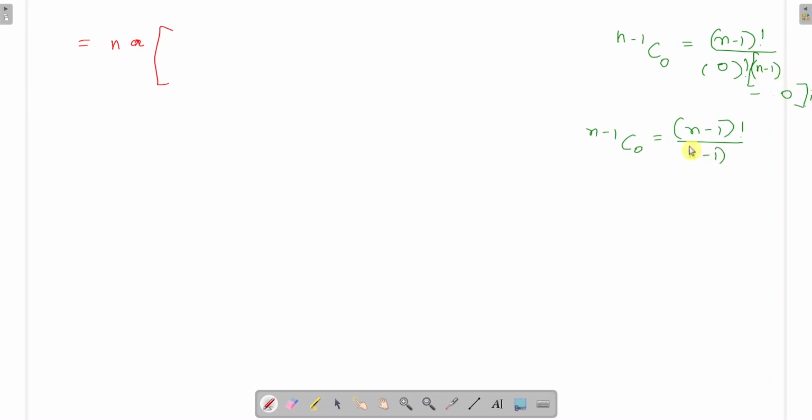So n minus 1 factorial, and if you cancel the numerator and denominator we will get 1.